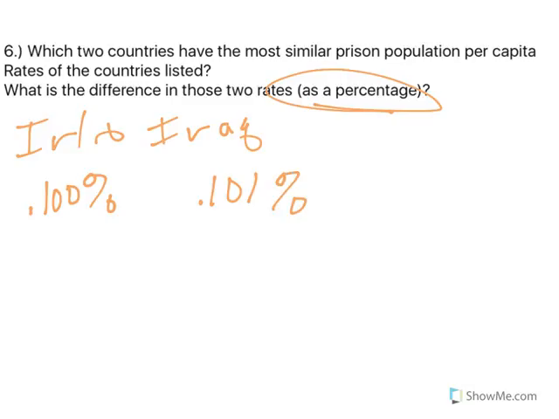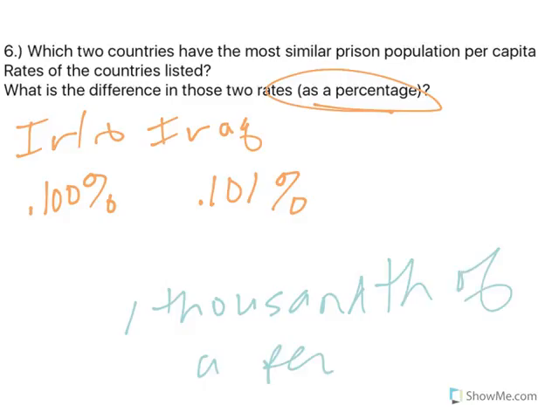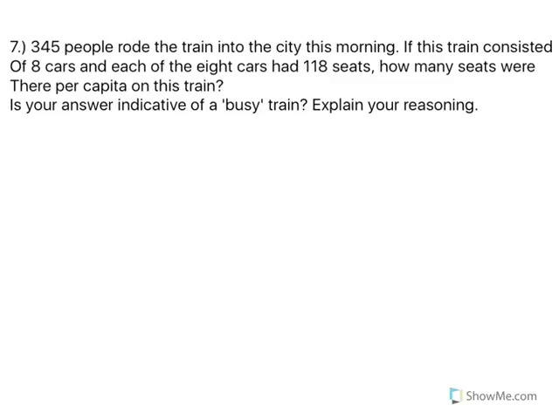So we are talking about 1/1000th of a percent, which is super, super tiny. Right? Because as a percent, 0.1% is already small, and now we're talking about 1/1000th of a percent. So those rates are very, very similar.